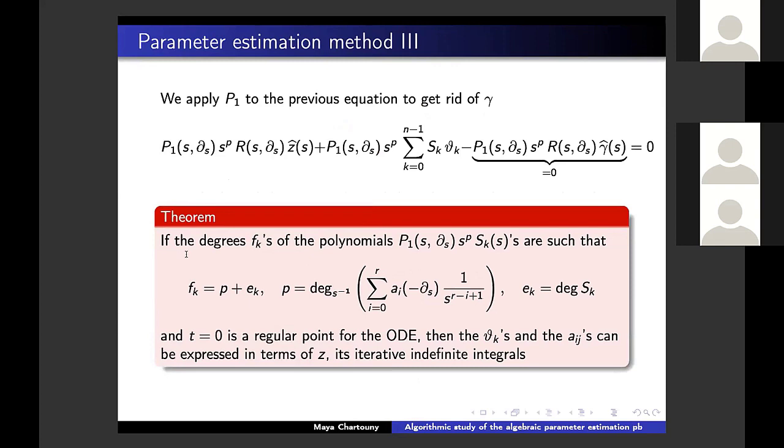So if the degree of the polynomial P1 times s to the power p times sk is such that it is equal to p plus ek, where p is this degree and ek is the degree of sk, and 0 is a regular point of the ODE, then all the initial conditions and the coefficients of the ODE can be expressed in terms of z and its iterative indefinite integrals.